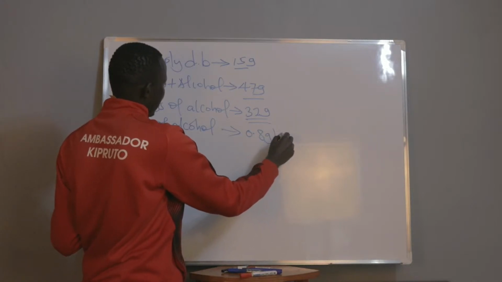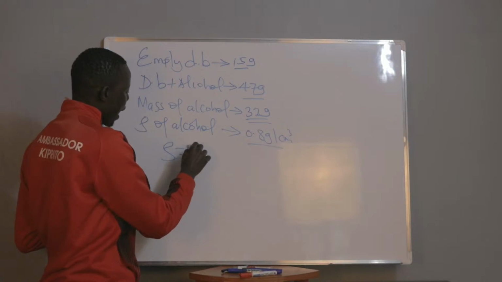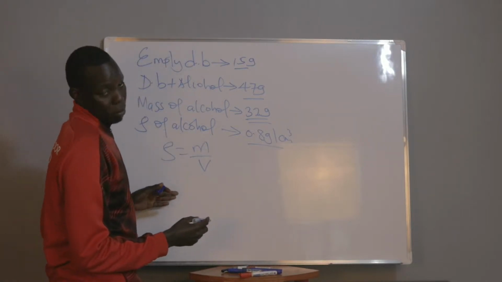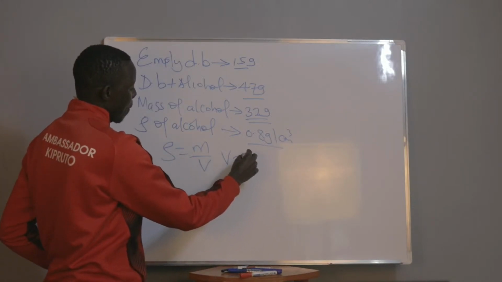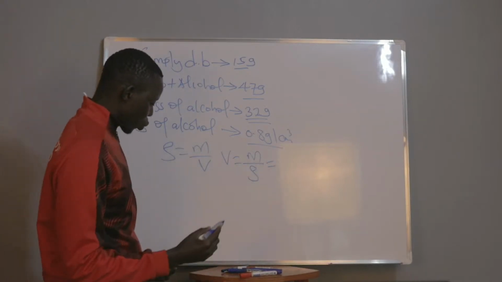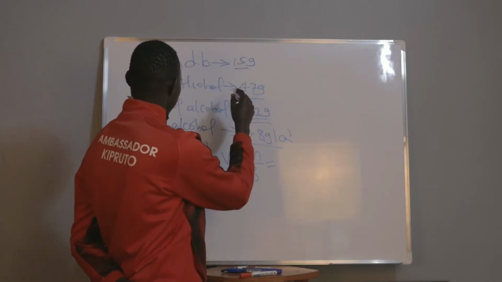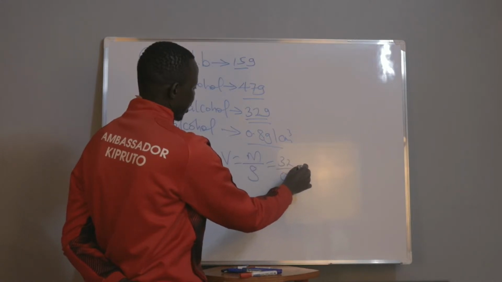Remember we say density is given by mass over volume. So for us to get the volume of the alcohol, volume is given by mass over density, which is going to be mass, which is 32, over density, which is 0.8.